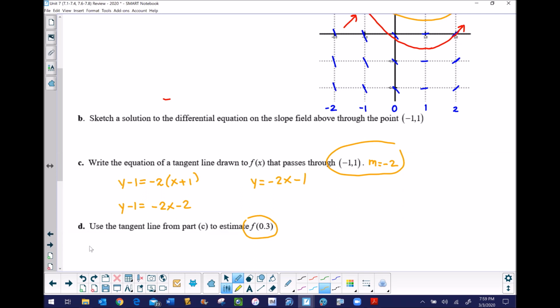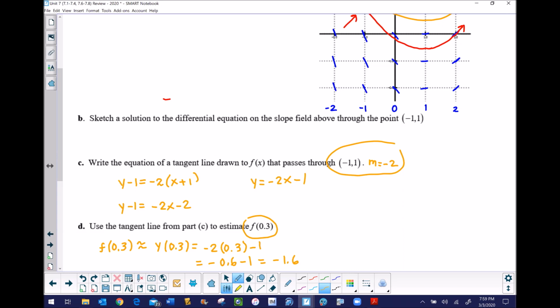And then f of 0.3 is just basically saying to you guys, take this answer, -2x minus 1, and we'll use it as an approximation of this 0.3. Okay, and we would have, I believe, this, which is what? -0.6 minus 1. I almost feel like I need a calculator here. That's -1.6, right?